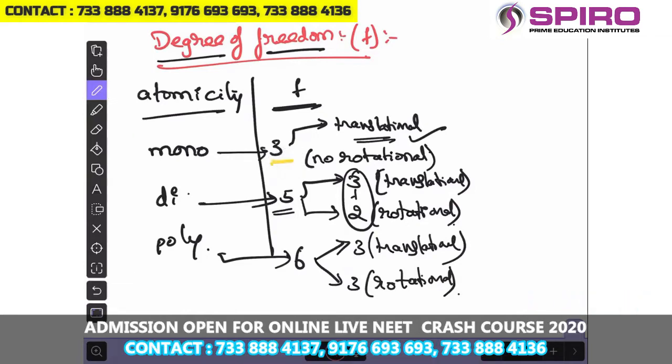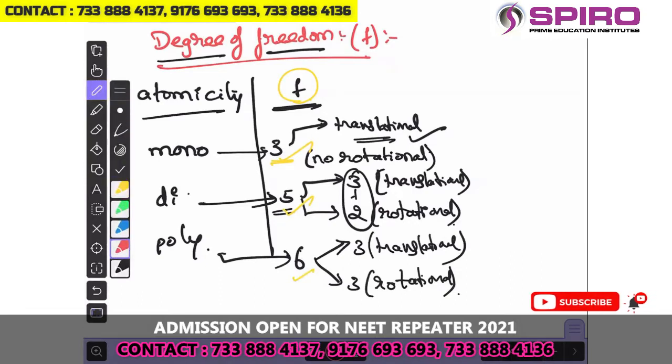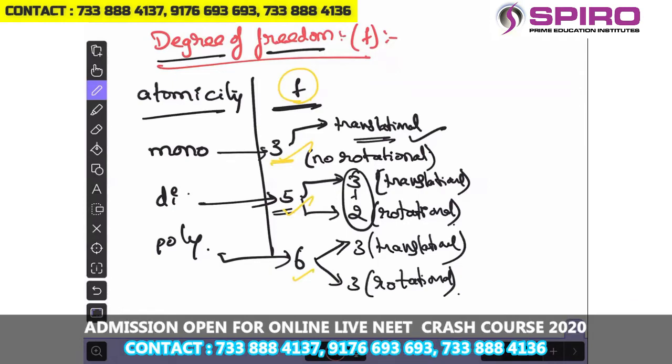So far as the degree of freedom is concerned, for monoatomic gas it is 3, for diatomic gas it is 5, and for polyatomic gas it is 6. There are some exceptional conditions of the gas at very high temperature, just like in stars, in the sun, Sirius, where the temperature is of the order of thousands of Kelvin.